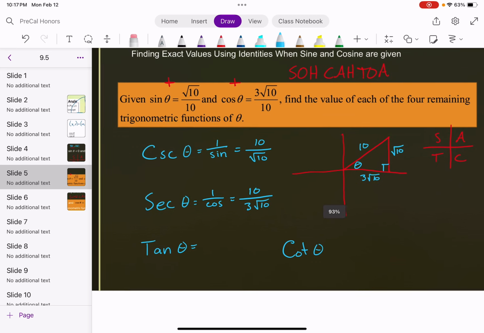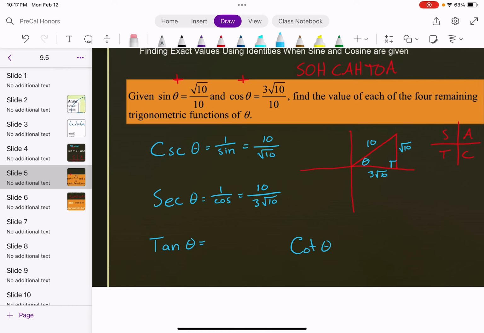Knowing that, we're then able to solve for tangent. Tangent is opposite over adjacent, which is the square root of 10 over 3 square root of 10.